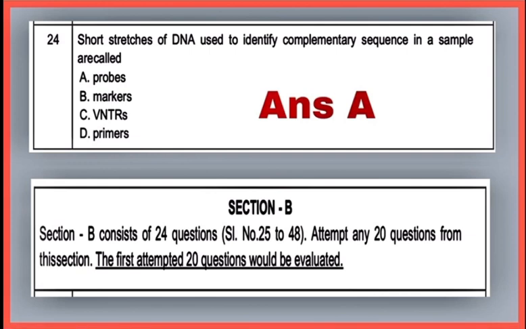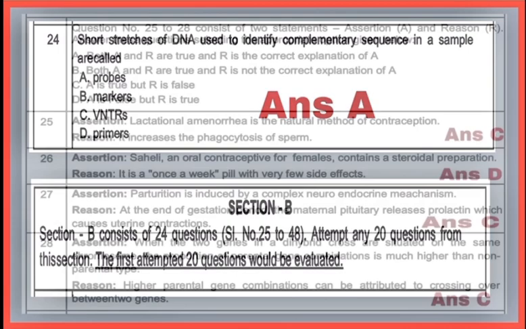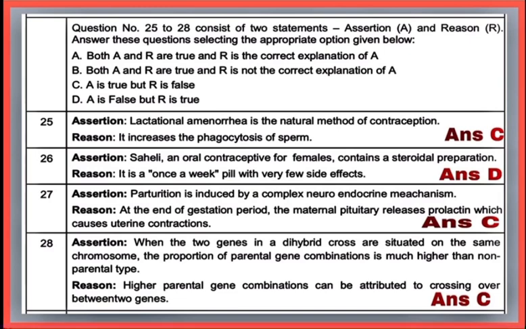Now after this, section B has 24 questions and you have to attempt any 20 questions. Question numbers 25 to 28 are assertion reason type questions. Now answer the questions by selecting appropriate options given. Question 25. Assertion statement: lactational amenorrhea is the natural method of contraception.